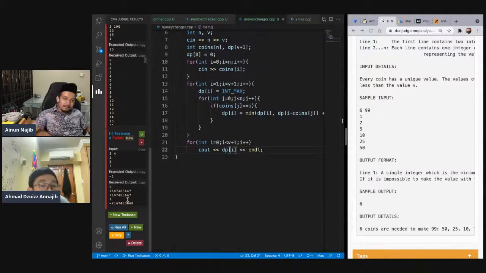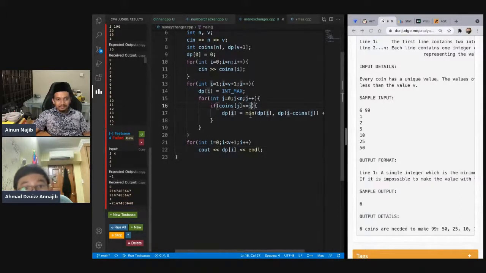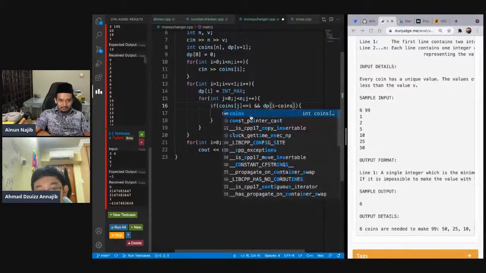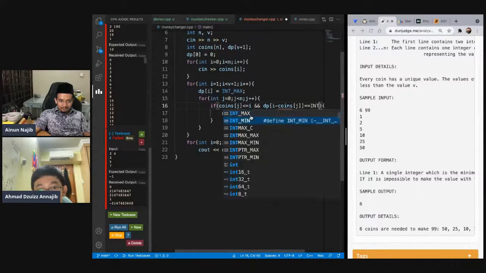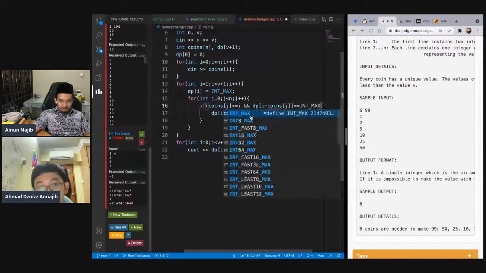I think we need to make sure that dp[i - coins[j]] is not equal to INT_MAX, right? We need to make sure that we are not adding one to an impossible value, because if it is INT_MAX, then it's impossible, basically.